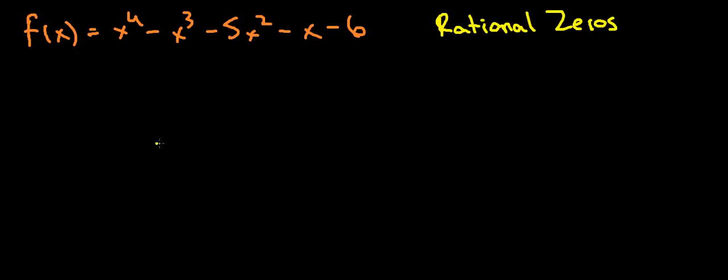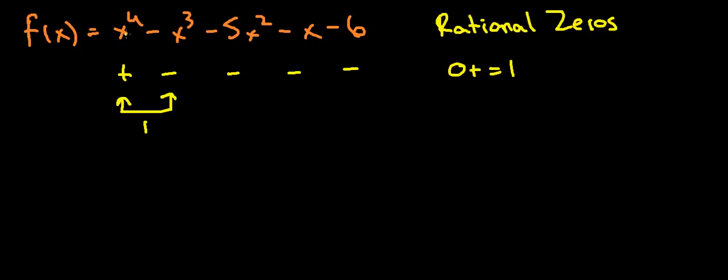So the first thing I'm going to do is use Descartes' rule of signs to figure out how many positive zeros I have and how many negative zeros I have. So here we have a positive, a minus, a minus, a minus, and a minus. We can see that there's only one variation in sign. So that means we're going to have only one positive 0.